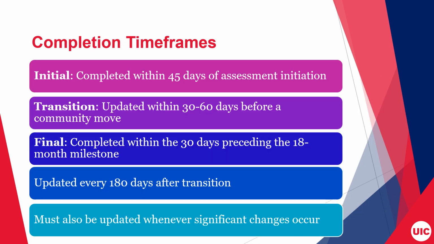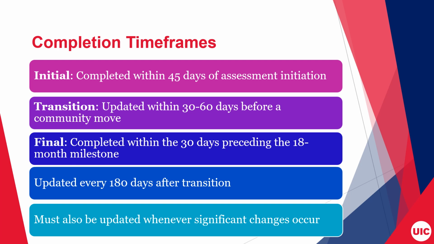Service plans must be completed in full in the web app for all class members who are active in the CCMTP and have had a completed assessment. The first service plan is to be completed and finalized within 45 days of assessment initiation. This plan is referred to as the initial plan. After this, the CCMTP defines set periods for when service plans are required to be updated.